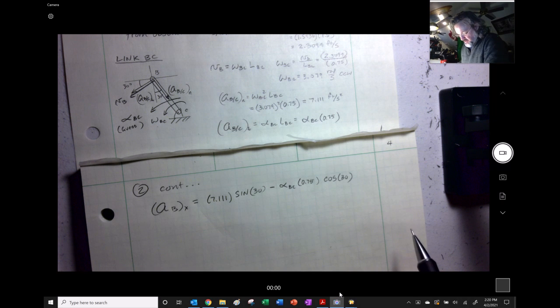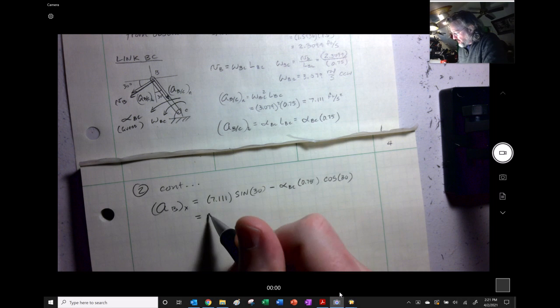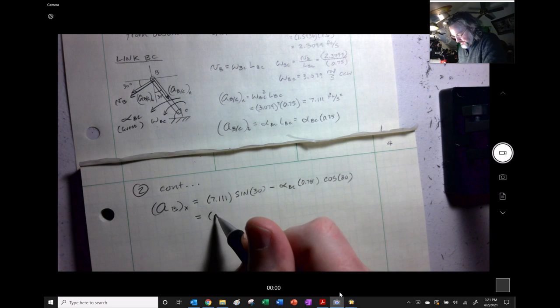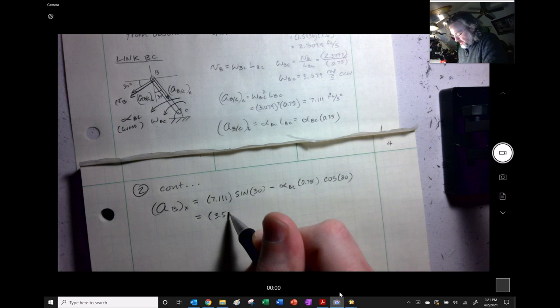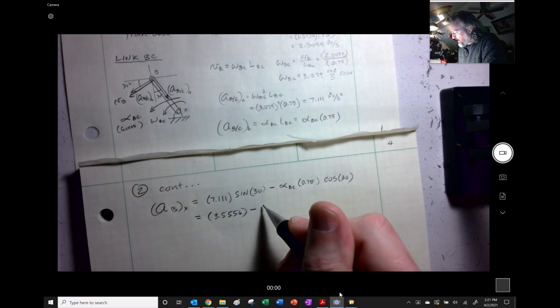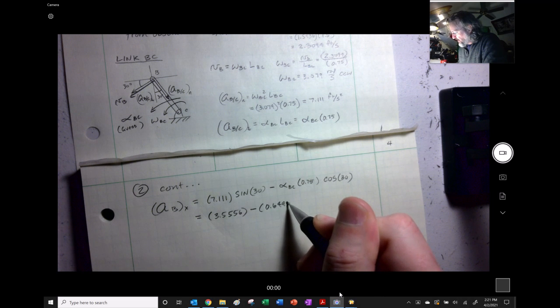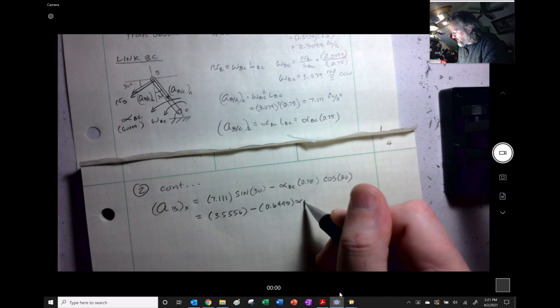This just ever so slightly simplifies things: 3.556 minus 0.6495 alpha BC.